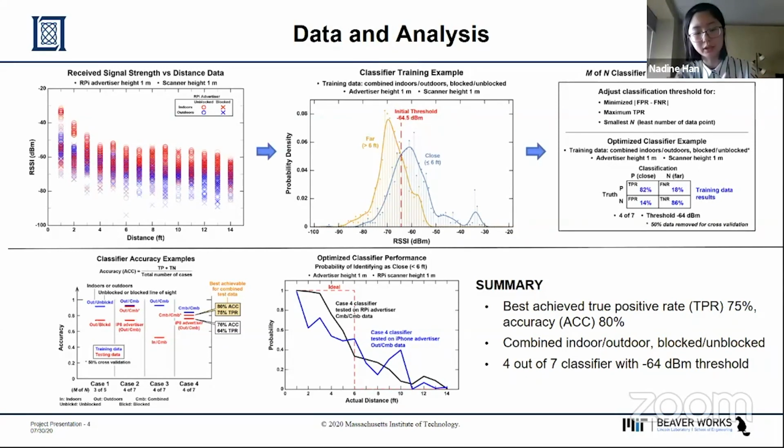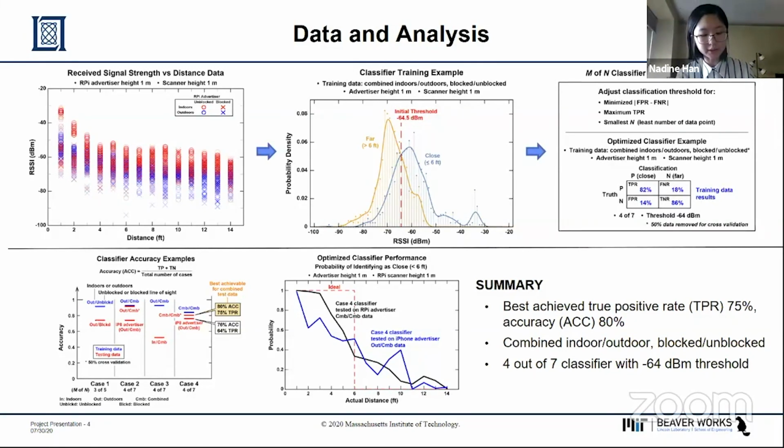Although this may seem like it's not accounting for overlap, you have to remember that in the real world, we won't actually know if the RSSI measurements are truly far or truly close. There's no actual truth when we're applying this in the real world. So the best thing we can do is find a threshold that minimizes false negatives and false positives while also maximizing true negatives and true positives. Just for a note, false negatives and positives mean incorrect identifications. True negatives and positives mean correct identifications.